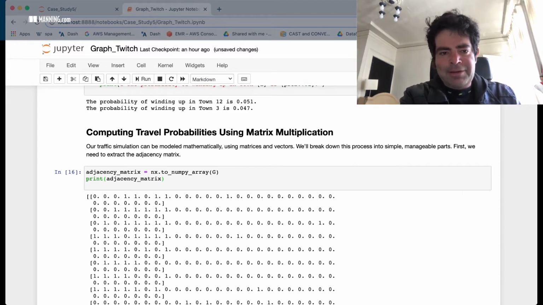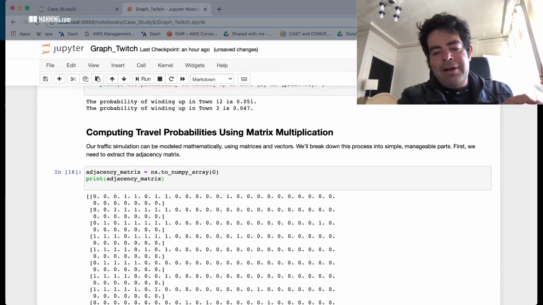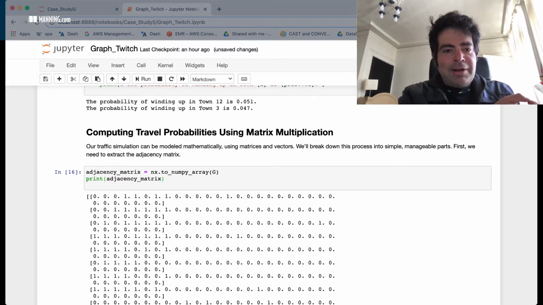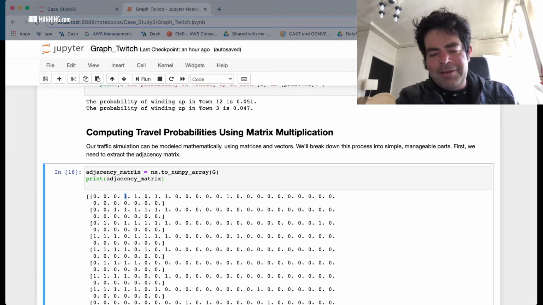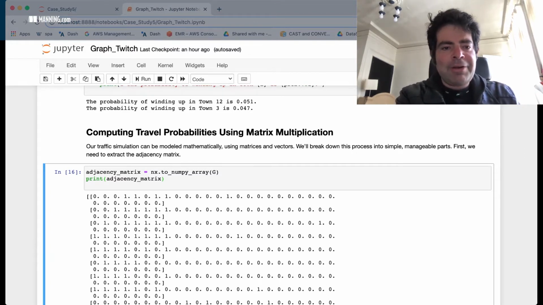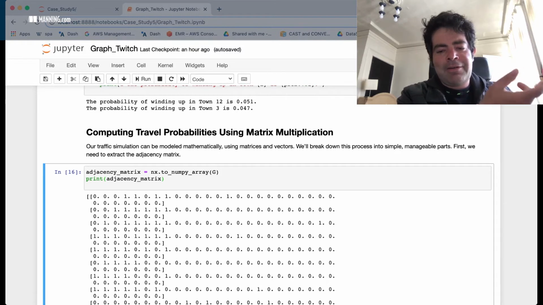For instance, the first row here, row 0, represents town 0. And each column j in this row determines whether there's a road linking town 0 and town j. If there is a road present, that road is demarcated by a binary 1. Otherwise, it's demarcated by a 0. So looking at, for instance, row 0, we see that there's no road between town 0 and town 1.